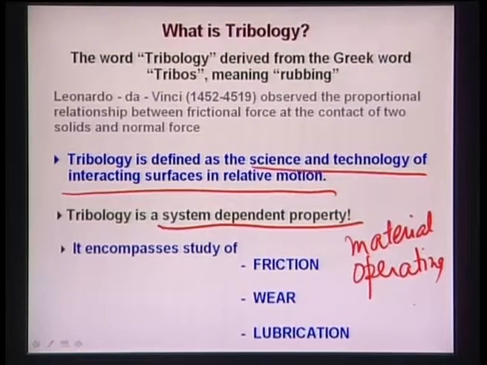Okay. The second thing is that operating parameters mean that tribological properties are also dependent on the sliding speed and on the load. So if you change your load or if you change your sliding speed or the fretting speed, then tribological properties also will be different. Now come back to the same system, let us say steel versus steel.